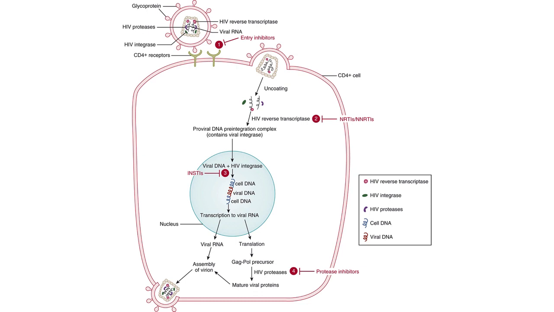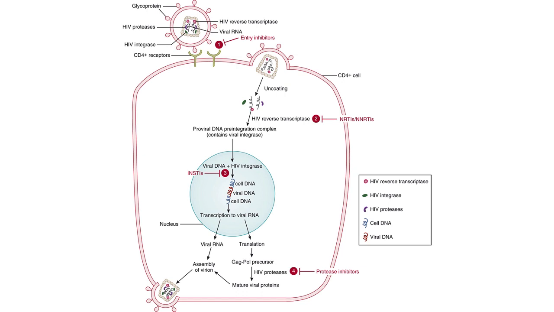Once it has already inserted itself into the host cell DNA, central dogma occurs, and that DNA of the host cell, together with the DNA of the virus, is concomitantly transcribed to form viral RNA.